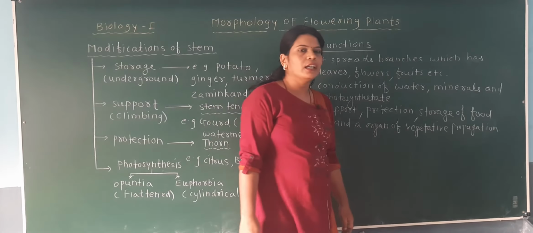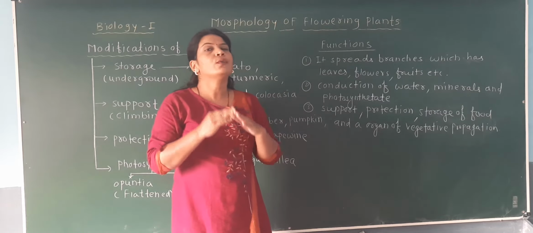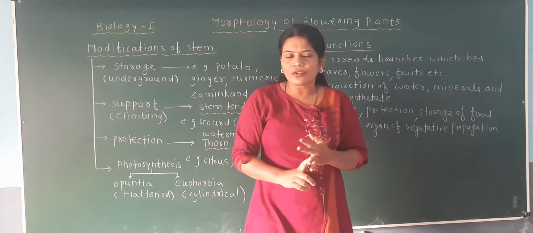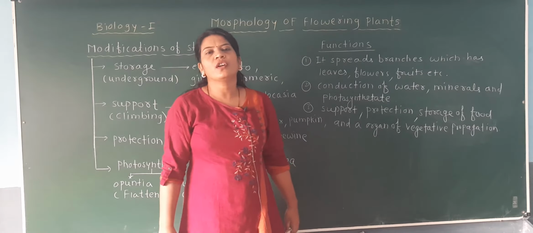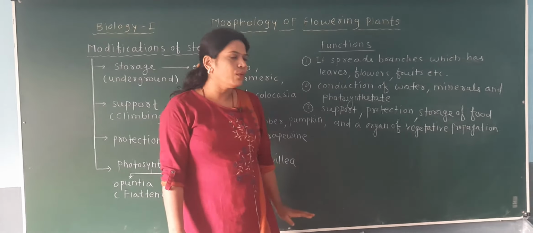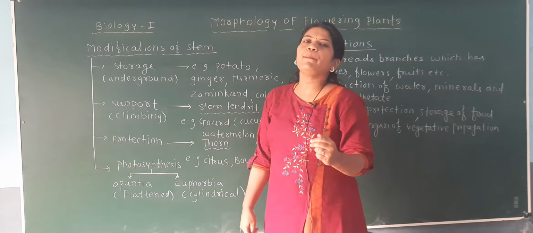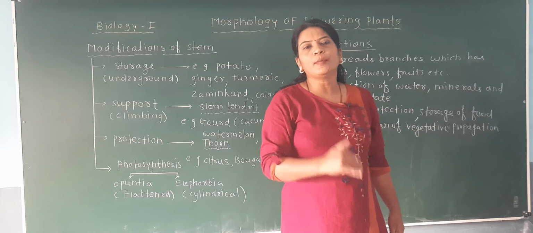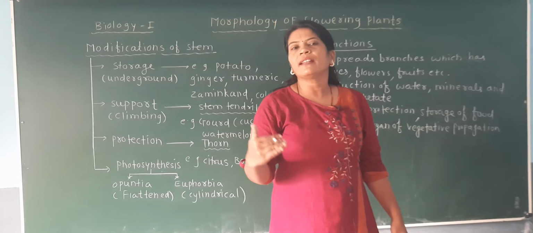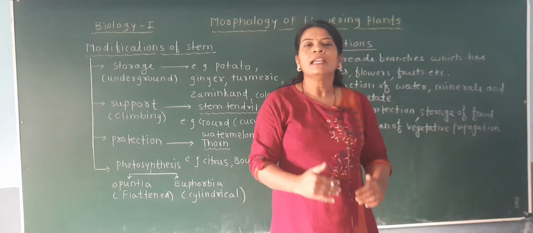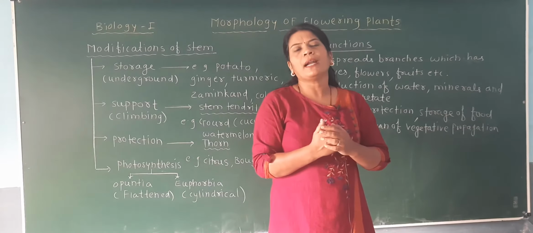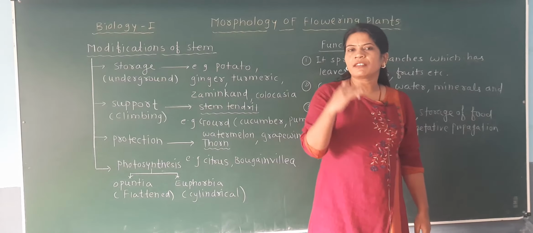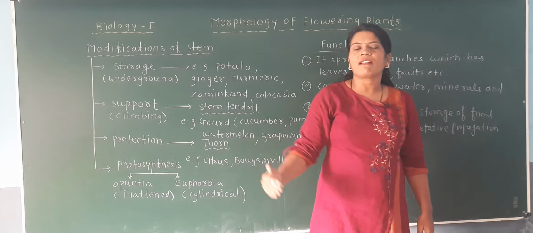Okay, so here you have to remember the definition of the stem, characteristics of the stem and the functions of the stem. Now here is the very important part of the stem, very important from the exam point of view. Why am I repeating that it is very important? Because in the root part also we have seen the modification of root, that means tap root, fibrous root, adventitious root.